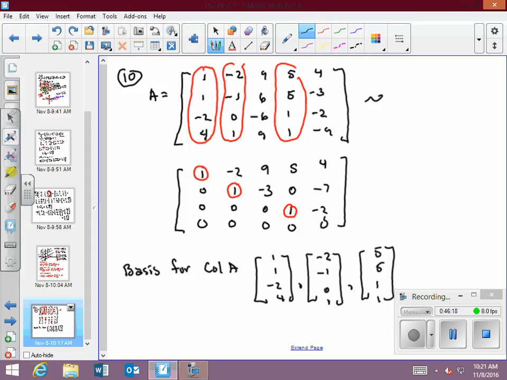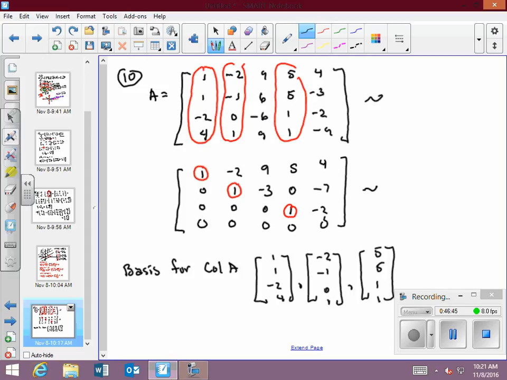But then they want the basis for null A. What you're going to have to do then is take this thing to reduced row echelon form. The number of free variables you're going to have in this thing is 2, right?